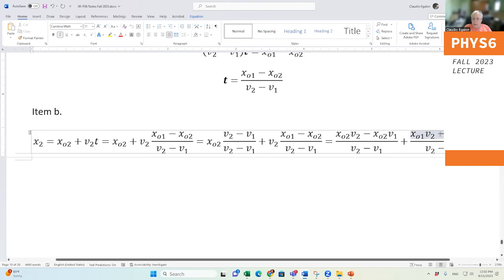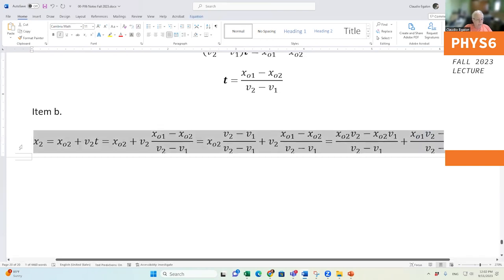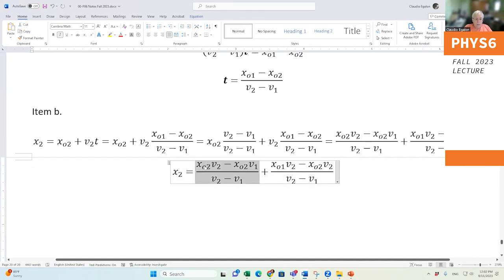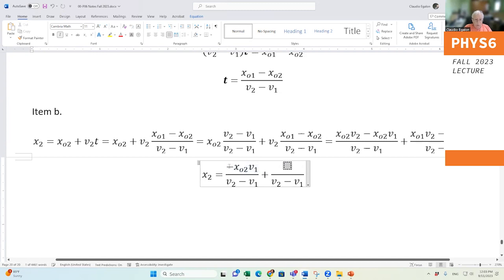Oh, these two cancel out, see that? Same denominator, they cancel out, because one is negative, the other is positive. Then we are left with this term here. Can we simplify? No, we cannot simplify more.